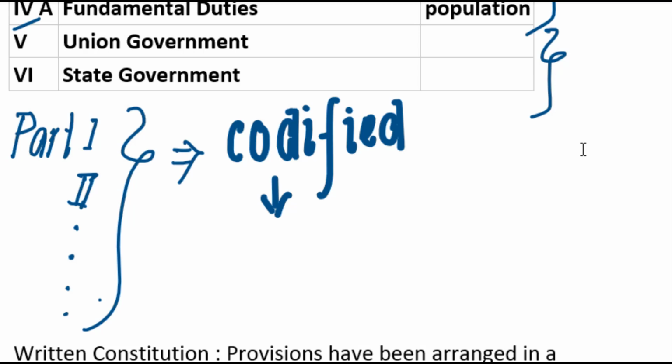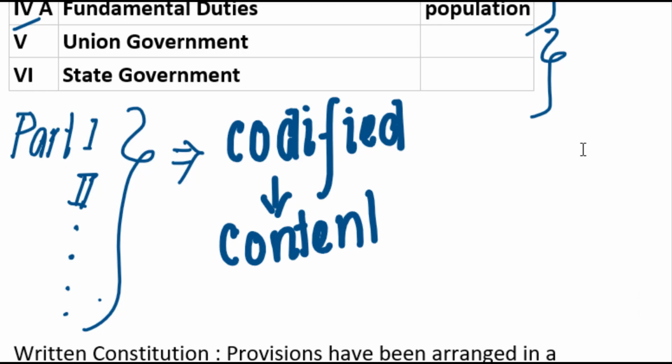So when the parts are codified, therefore we can say that the content of the Constitution is also codified, and it is the content by which we mean the provisions.